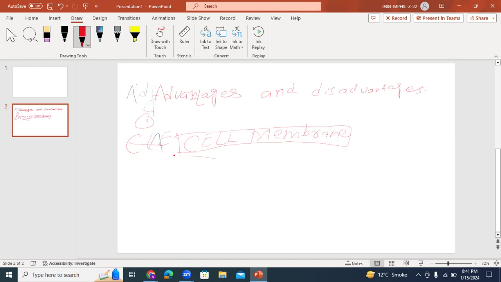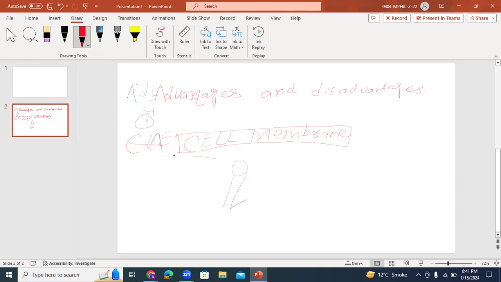So the cell membrane, as you said, is a lipid bilayer, and you have specified the phospholipids. Commonly, the structure we use for it is the phospholipid. There is a specific head, and then there is a specific tail.